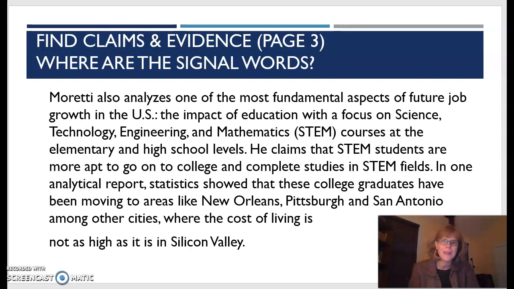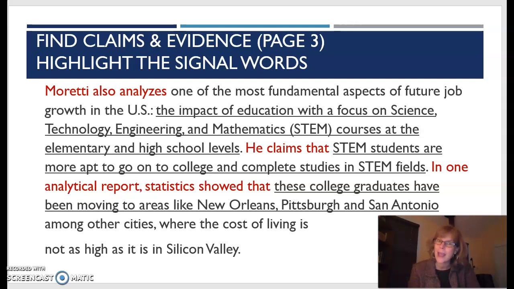Let's keep going. I'm in the next paragraph, and you'll see some more signal words. Which ones can you highlight in this paragraph that show claims or that show evidence? If you see analyzes, that's a good one. And you can see that is on the list here on page 4, actually, I don't see it on page 4, but it's a good one when we get to the idea of looking at data.